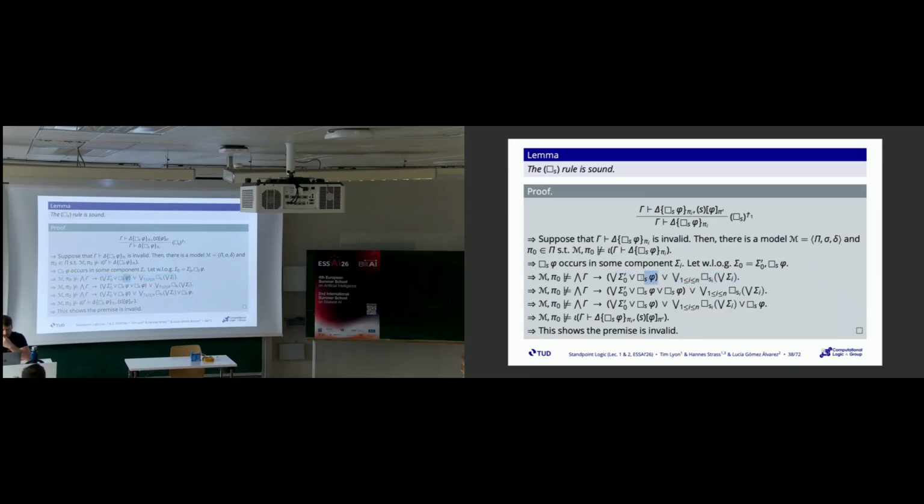And we have this box S phi occurring in this part of the disjunction since we've assumed it occurs in the root component. Now in classical logic, the disjunction connective is idempotent, as it's called, which means that phi or phi is equivalent to phi in classical logic. So that means that I can extend this box formula to be disjoined with itself.